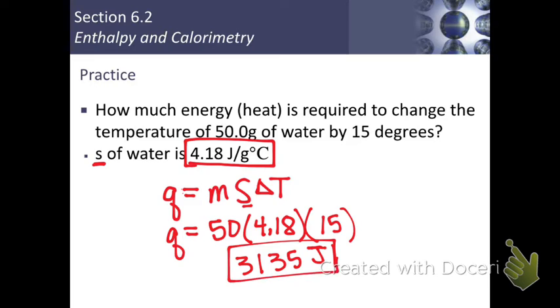Okay, good. That's all that we're saying here: in order for this water to change by 15 degrees, and we assume positive 15 degrees because it went up. It didn't say cooled by 15 degrees. We're going to put in this many joules of heat. Questions about how that gets plugged in? Okay.